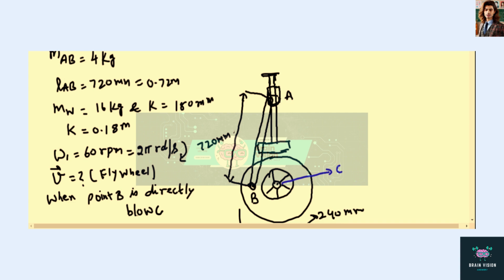Let us see here. Moment of inertia of the rod AB about its centroid will be 1 by 12 mass of AB times length squared.